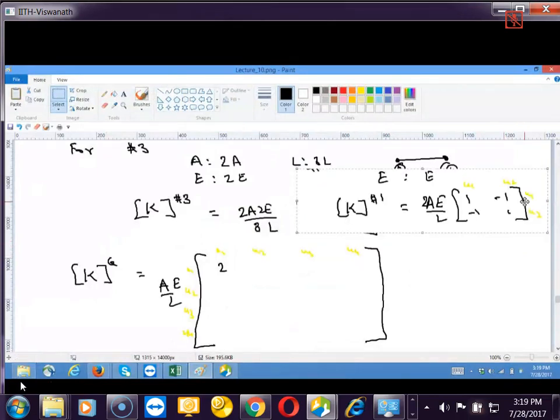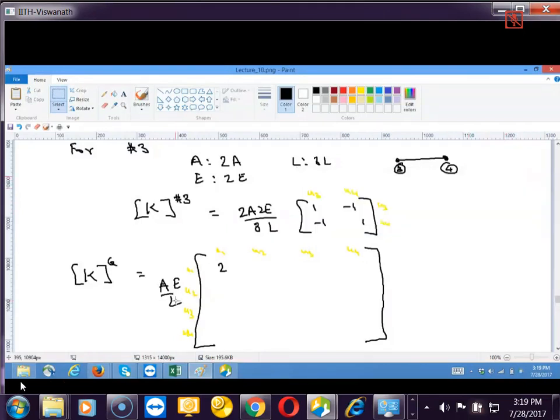So if you look at it, u1 u1 contribution is 2 times. Similarly, u1 u2 contribution would be minus 2. u2 u1 contribution is minus 2, u2 u2 contribution is plus 2, because AE by L is taken outside.